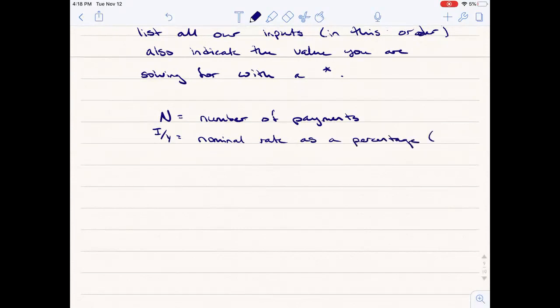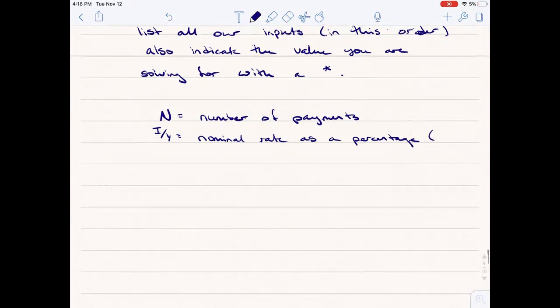And so for 7%, we just use 7, not 0.07. That would mess up your calculations.